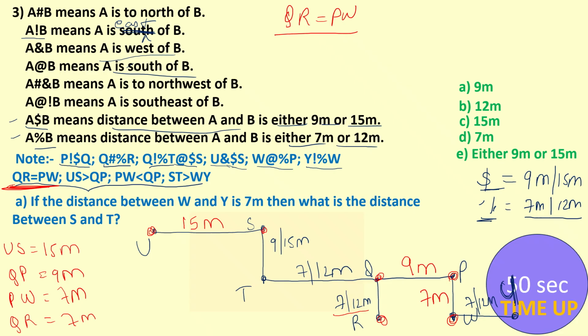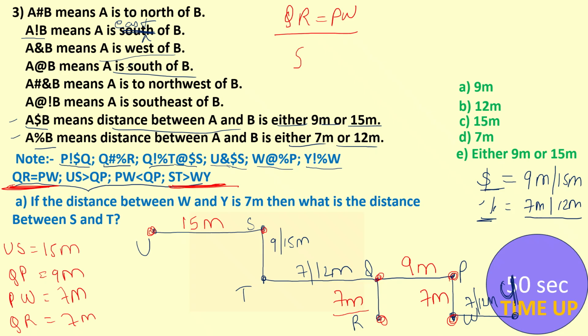Where is QR? Here it is. So here also it will be 7 meter. Now, what is left is the last one, that is ST is greater than WY.